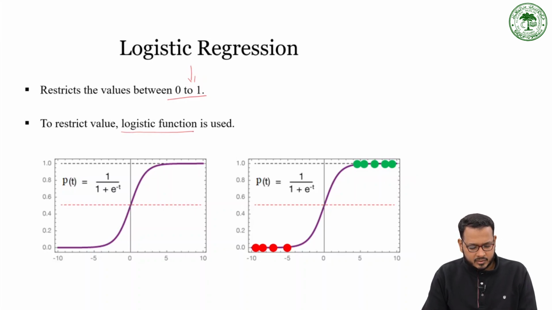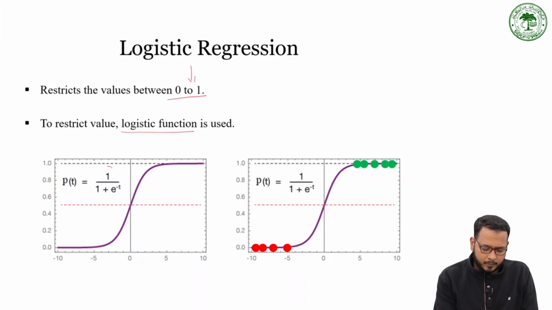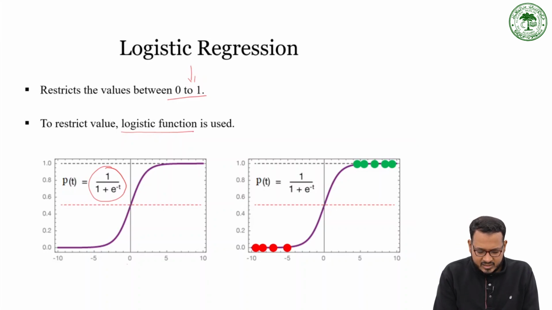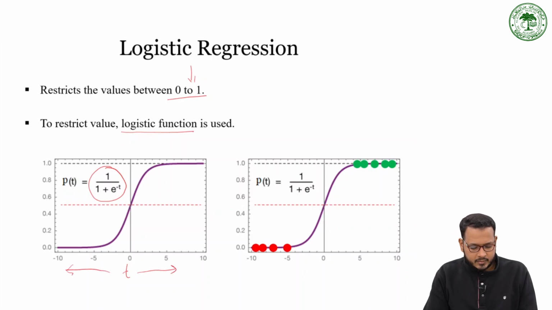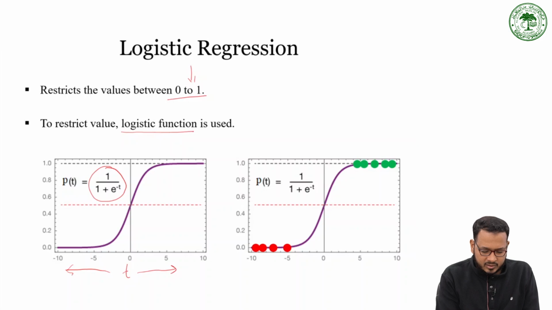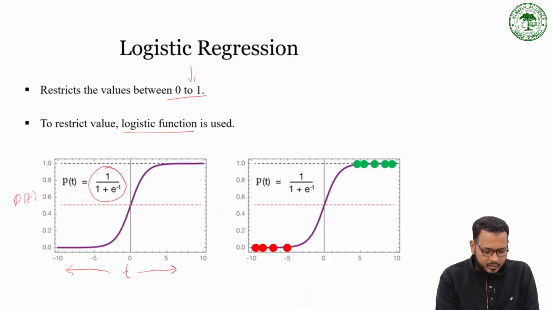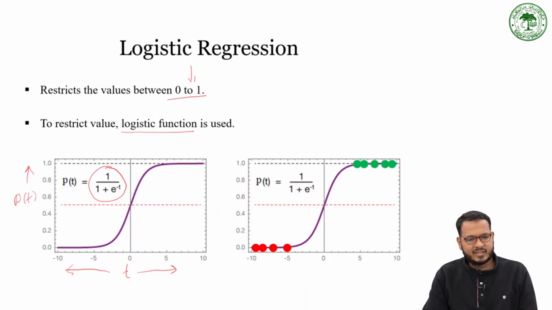A logistic function is given by this expression, 1 divided by 1 plus e to the power minus t, where t is represented on the horizontal axis, and the logistic value p(t), which also represents the probability based on t, is represented using the vertical axis.